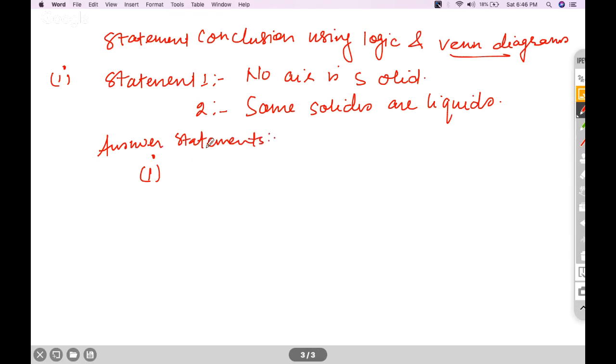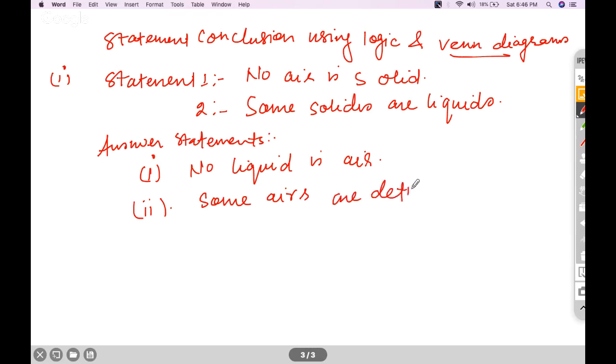My answer statements are like this: no liquid is air, and some airs are definitely not liquids.